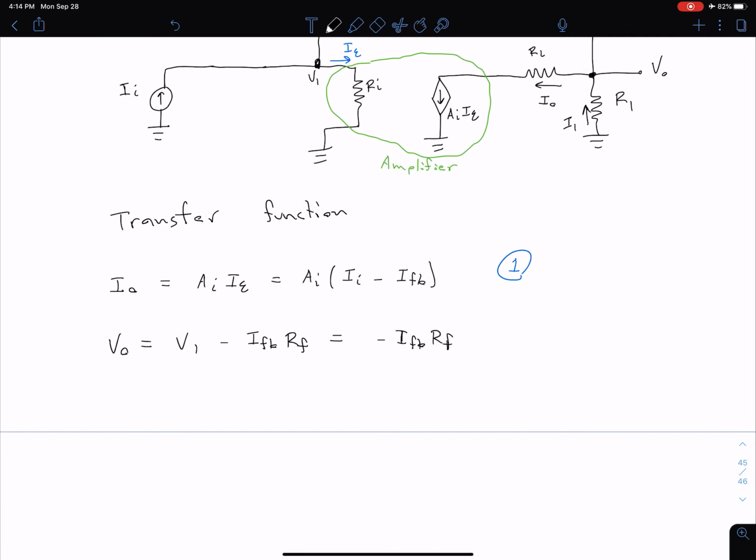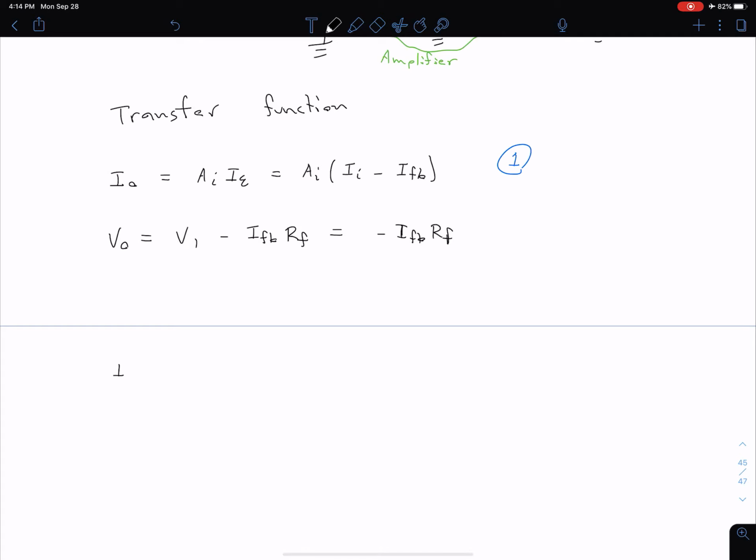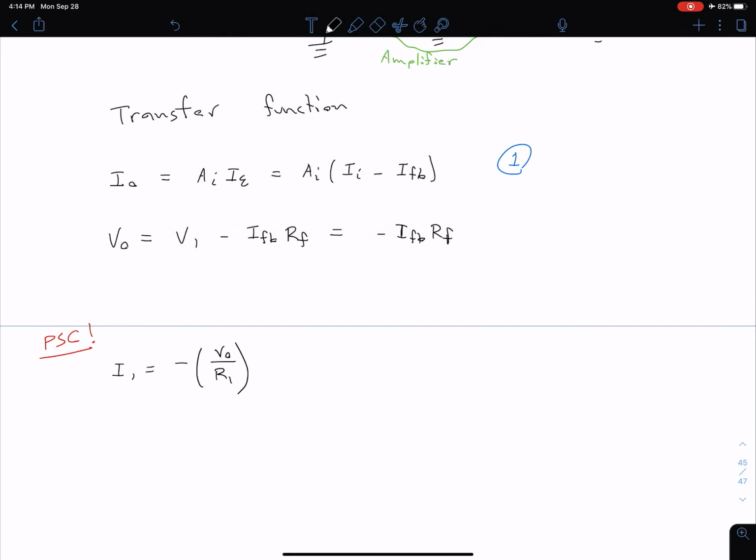So our I1, note on this resistor R1 we have V out defined as such. So from passive sign convention, if we're doing Ohm's law, that means we have I1 is equal to negative V naught over R1. So this is from our passive sign convention, which hopefully everybody remembers from ENG 301. So this then, we know our V out was defined up here.